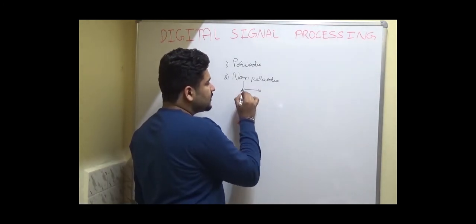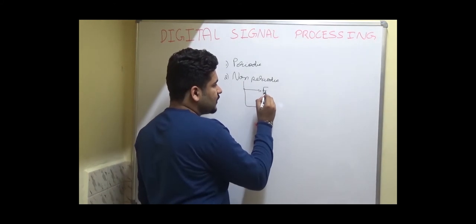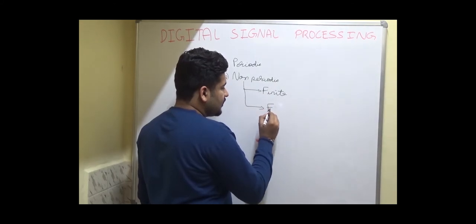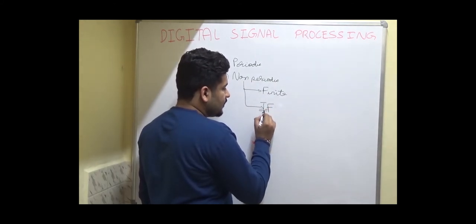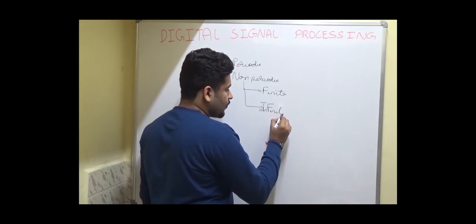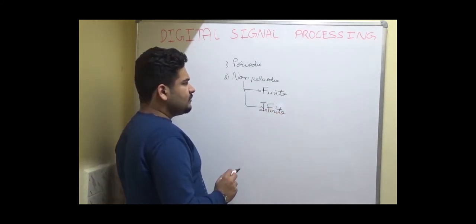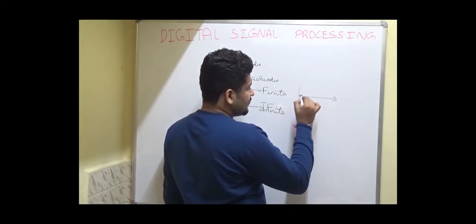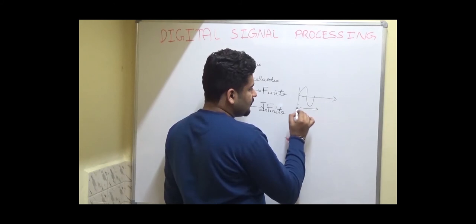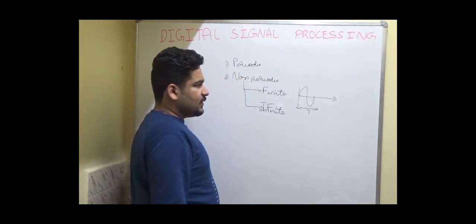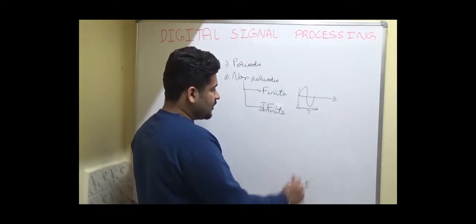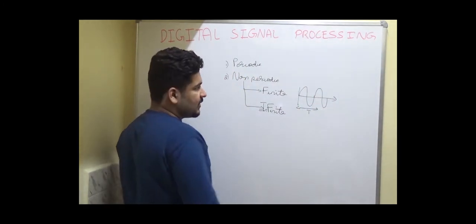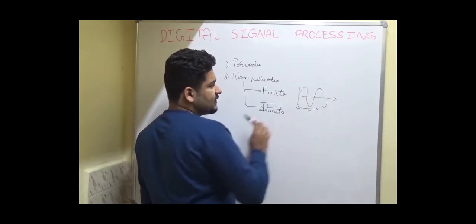So there are two other classifications wherein the signal is finite or the signal can be infinite as well. When I say the signal is finite, that means the signal is defined only for a particular given interval, or I can say this is still a non-periodic signal because it is not defined from minus infinity to infinity.